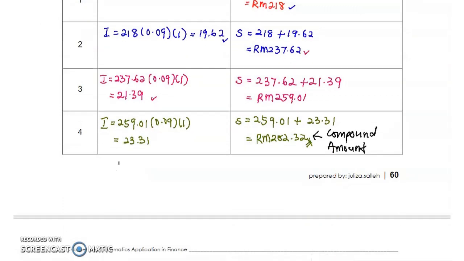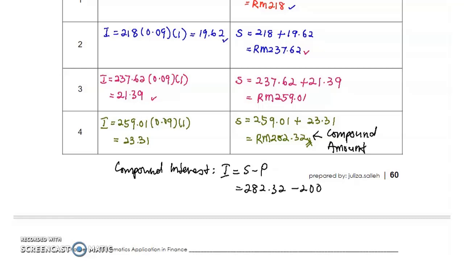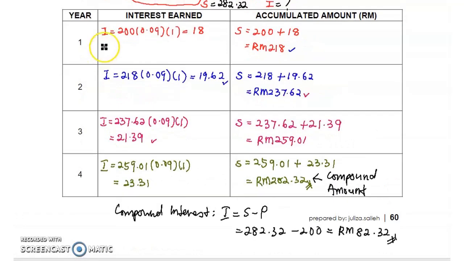So I equals S minus P, so 282.32 minus the original principal of 200 ringgit. So the compound interest is 82 ringgit 32 cents. Notice that in the calculation of compound interest, the principal changes from year to year.